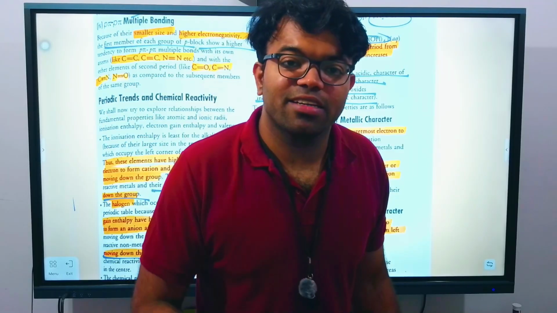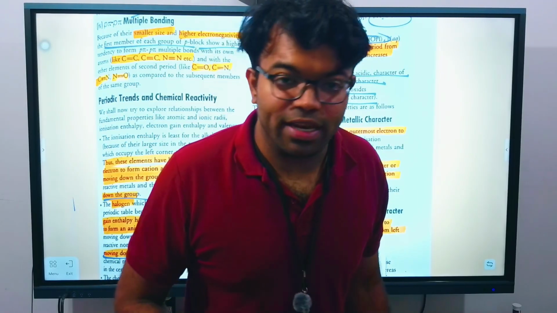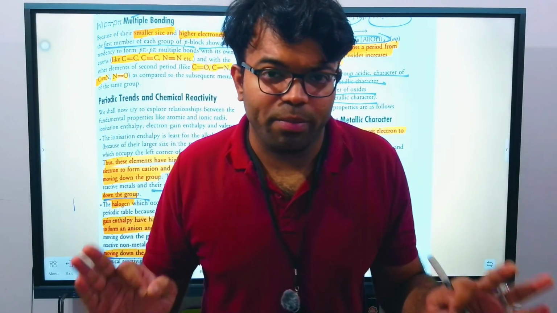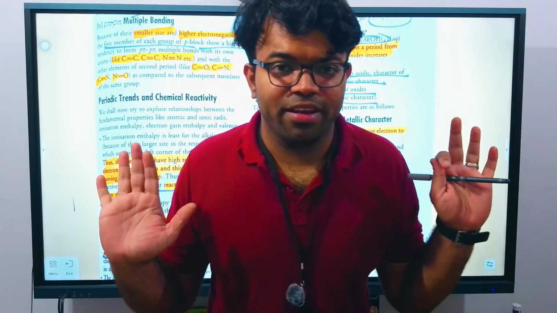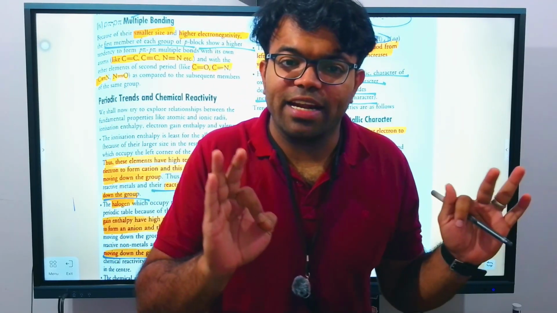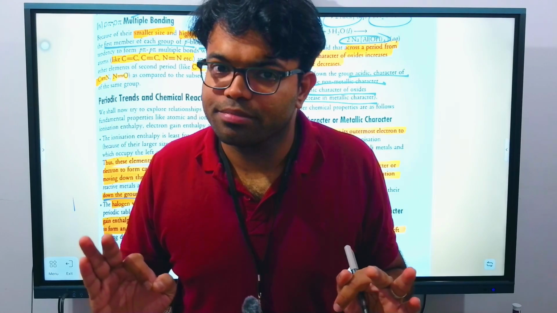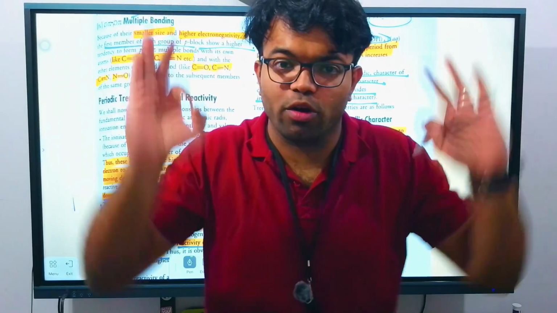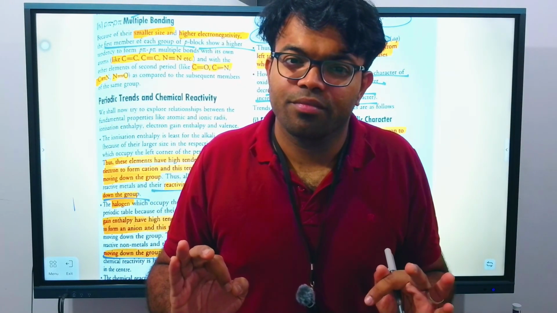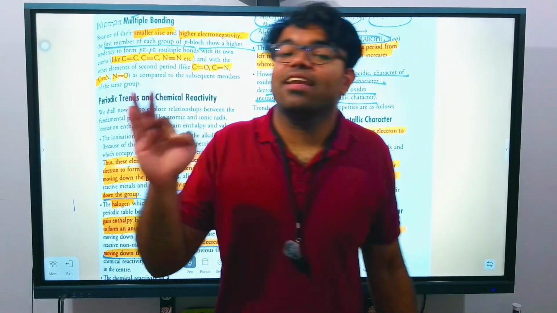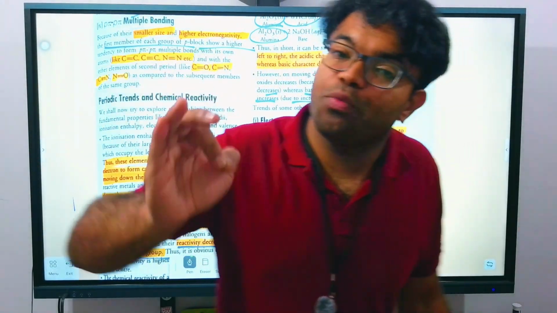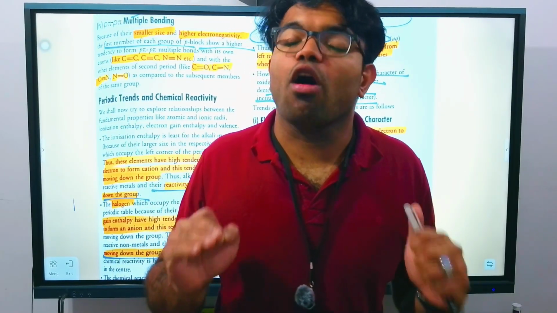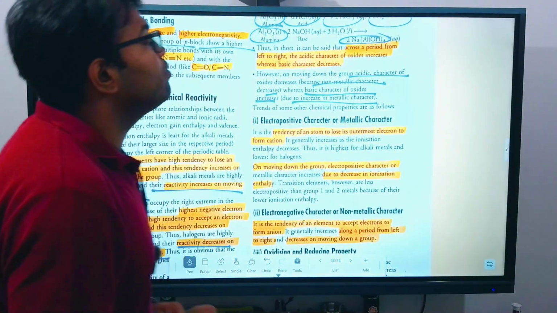The acidic character is being provided by the non-metal. Can you agree with me on this? Now, the non-metallic character decreases as we go from top to bottom. Therefore, the acidic character should decrease. The metallic character is increasing, and the metallic character provides you with the basic properties. Therefore, the basic character of an oxide actually increases as we go from top to bottom.